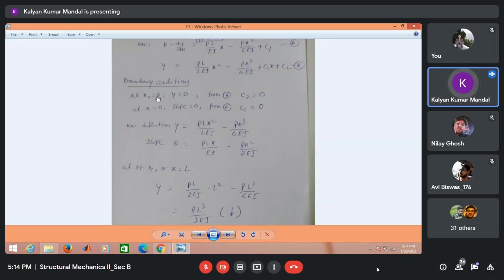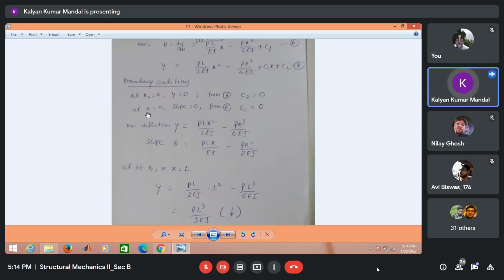At x equal to 0 we have a fixed support, that's why the deflection is equal to 0. Now from equation B, we can easily find that C2 should be equal to 0. Next, we need two boundary conditions because we have to find the two integration constants C1 and C2.